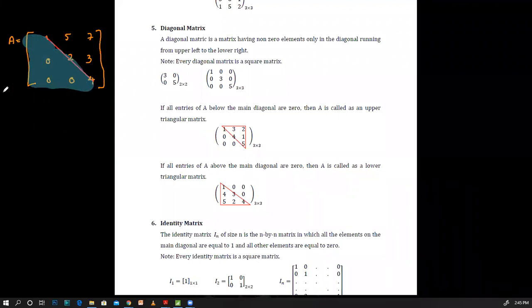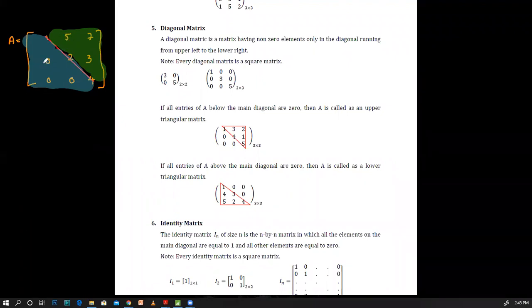Now you can see that the lower part of the main diagonal has only zero values. We are not going to worry about the values in the upper part, since we can see that at least one non-zero value is there in the upper part. We are not going to bother about the remaining values.